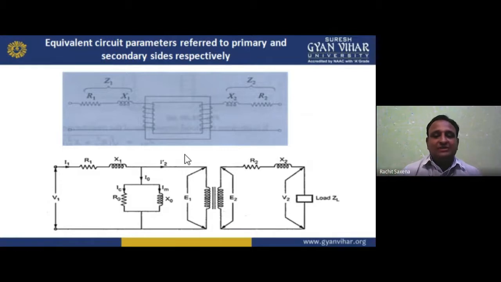Active elements are the sources, load, and input supply, but passive elements mean impedances. The primary winding has a coil, and in that coil we have the inductance, that is the reactance X1, and the resistance R1, maybe of a lower value but still a resistance.